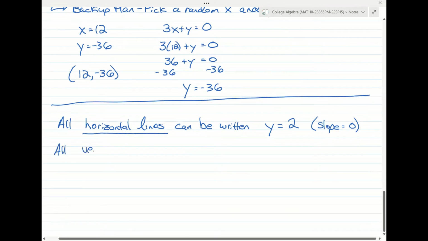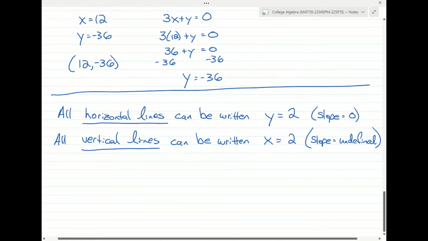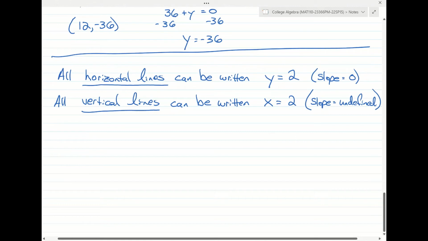All vertical lines can be written x equals whatever. We say that the slope is undefined. Graph.